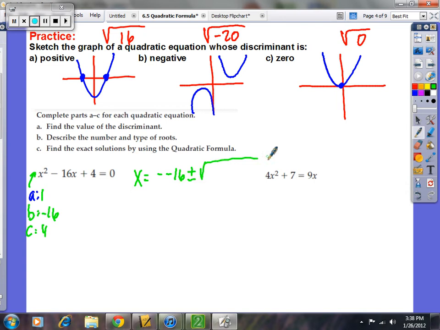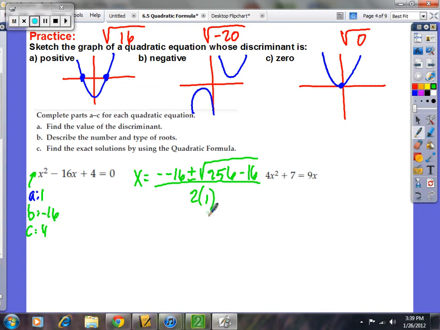Let me grab a calculator. 16 times 16, 256, minus 4 times a times c, so minus 16, all divided by 2a. 2 times 1.